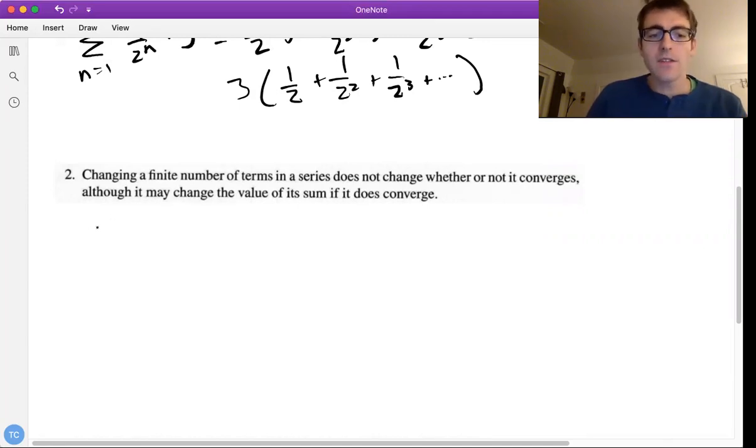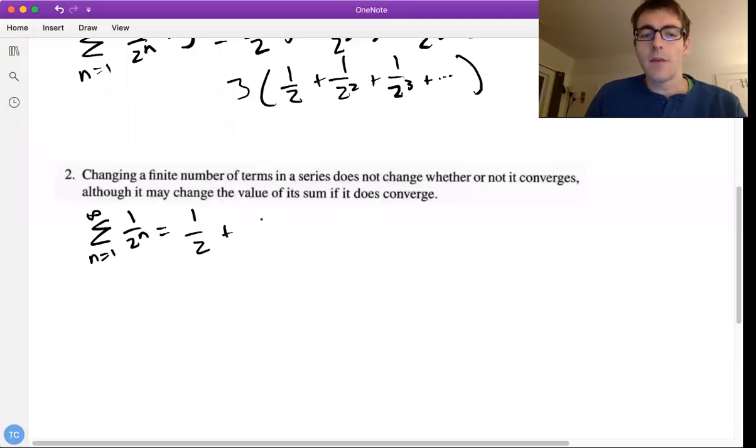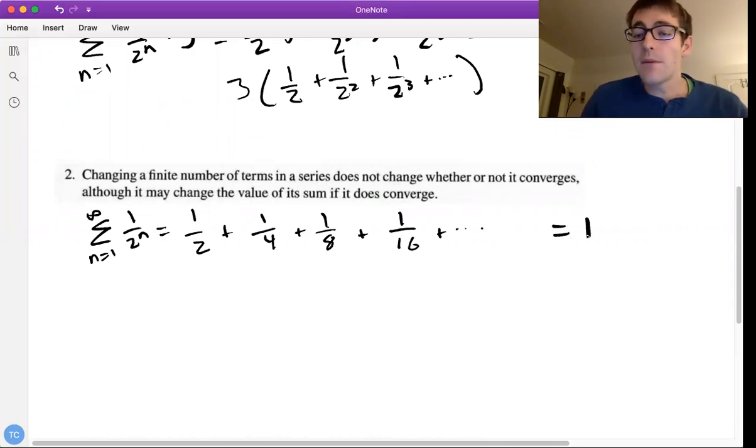So again, let's use our example where the sum from n equals 1 to infinity of 1 over 2 to the n is 1/2 plus 1/4 plus 1/8 plus 1/16, etc. We've said before that this whole thing ends up equaling 1, and changing a finite number of terms in the series should not change whether or not it converges.